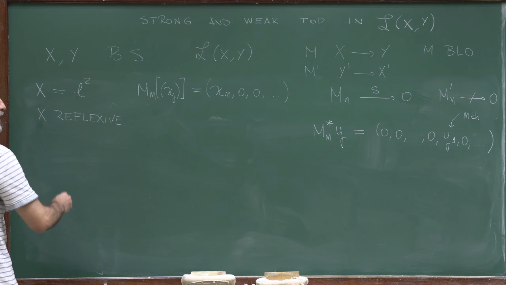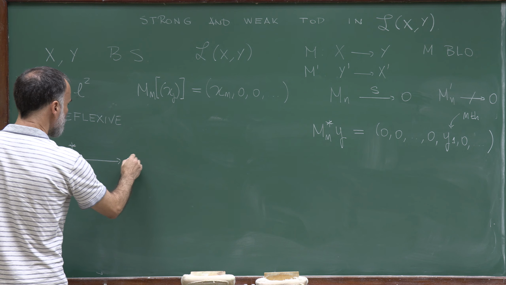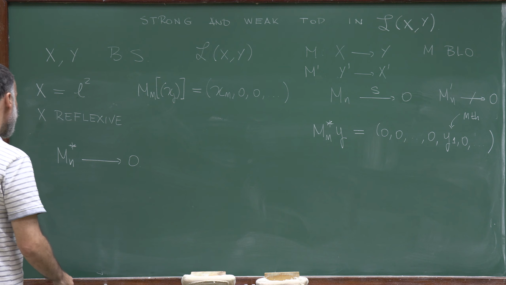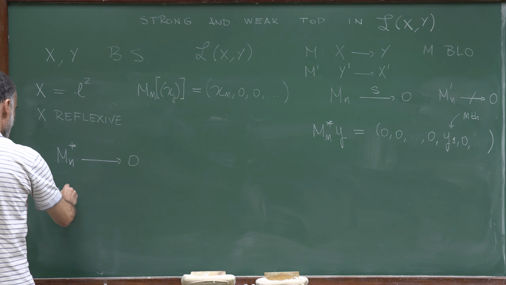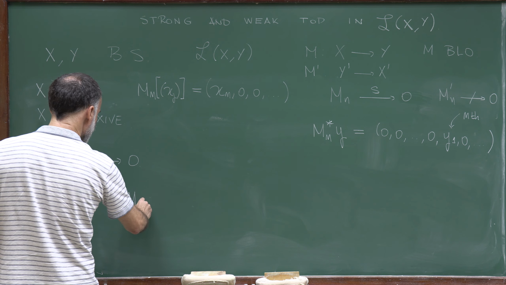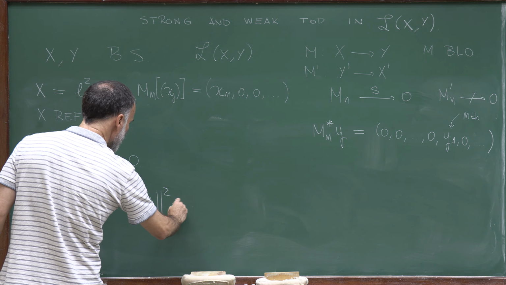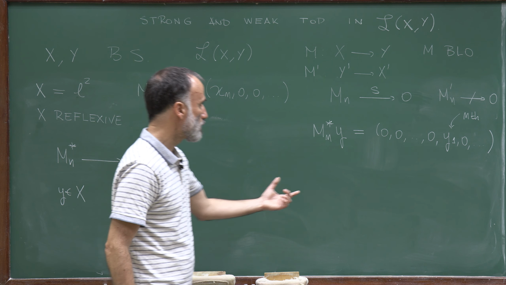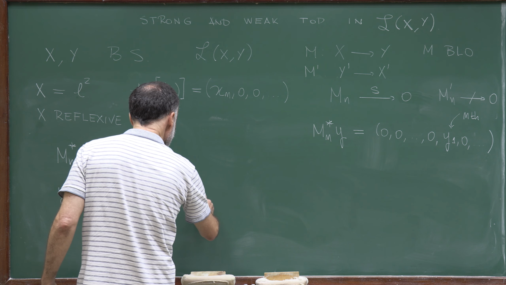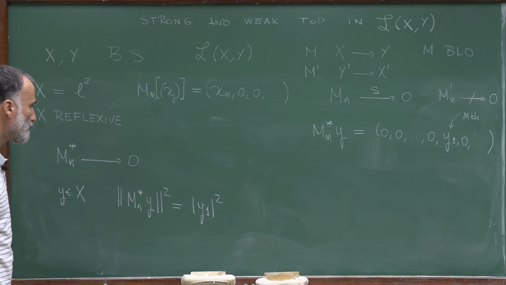Now I claim that Mn star does not converge strongly to 0. This is clear because if you take y in X, the norm of Mn star y squared is equal to the square of the norm of this element, and this is y1 squared.